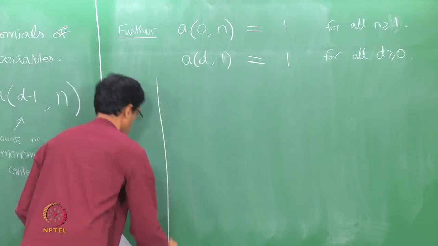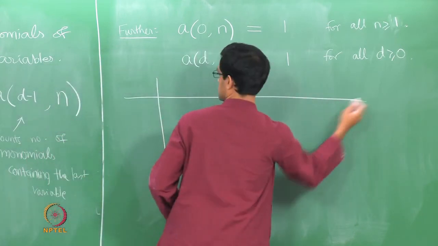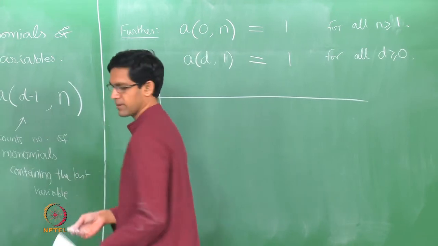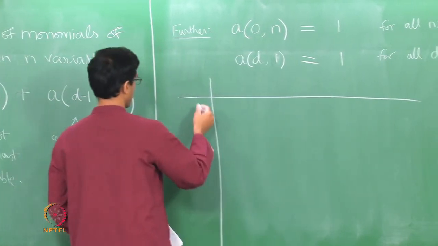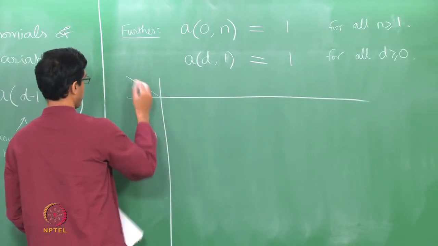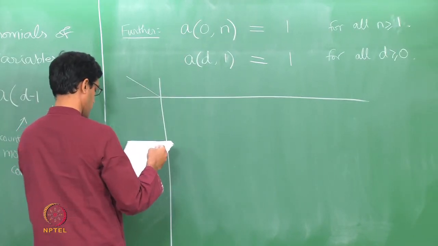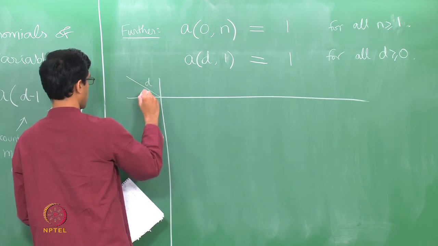Now this combinatorial problem here is best expressed in terms of a table. So what we should really do is write a table with various values of d and n. Let me just do this, d is on top, n is on the bottom.